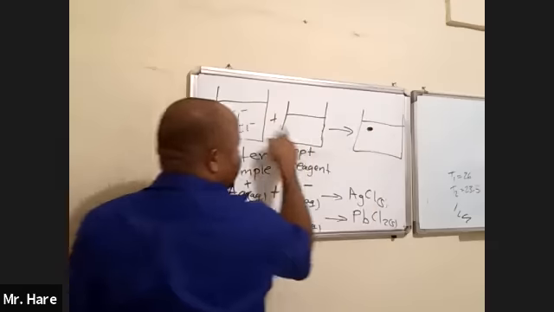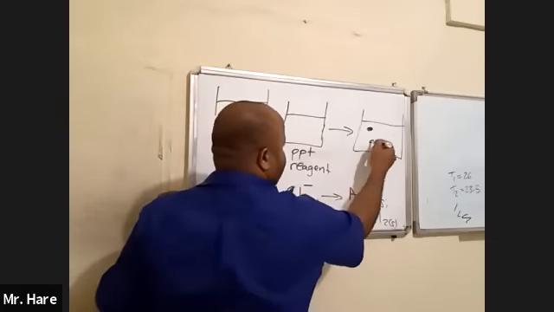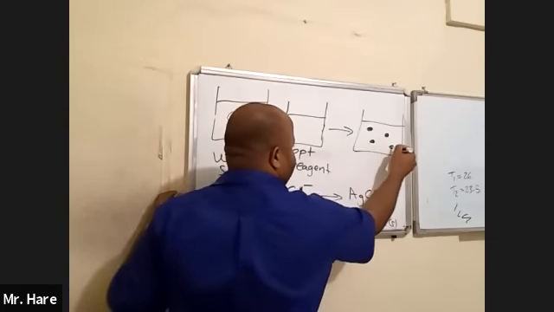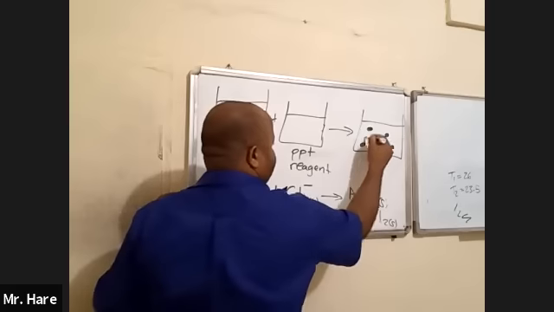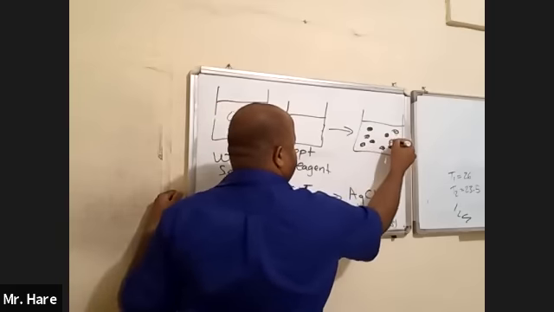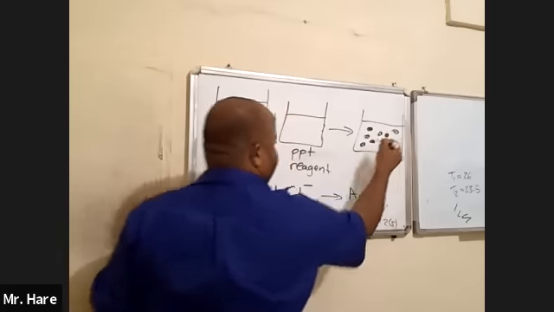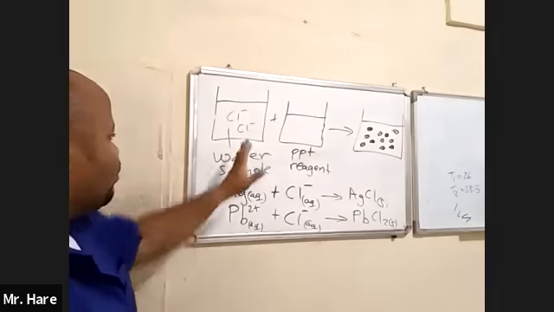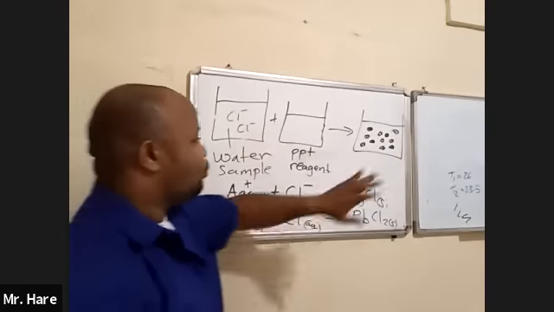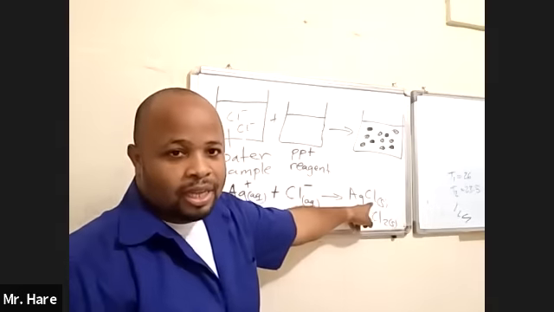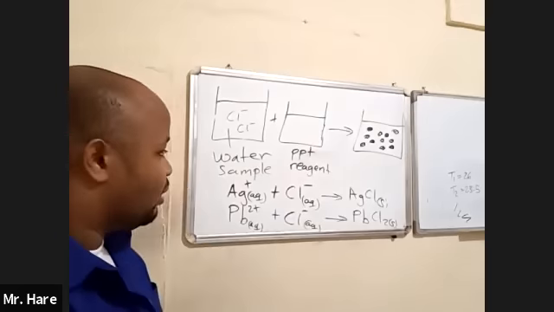Mix the two of them, and once you mix them, you will see precipitate appear. So you go from no precipitate to a precipitate. Now, remember we said that the precipitate would have contained your analyte, your ion of interest.